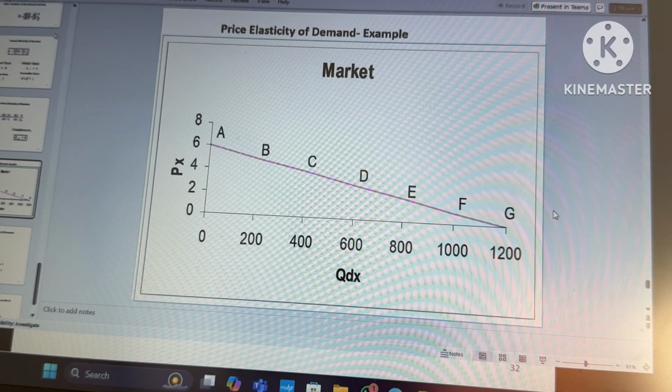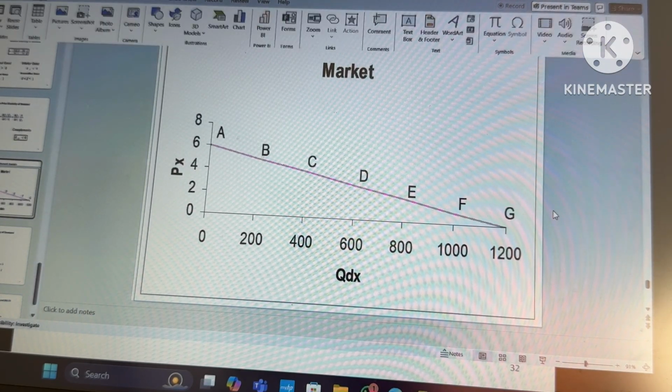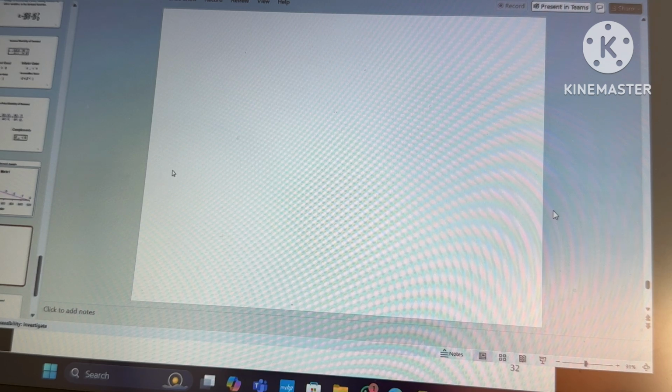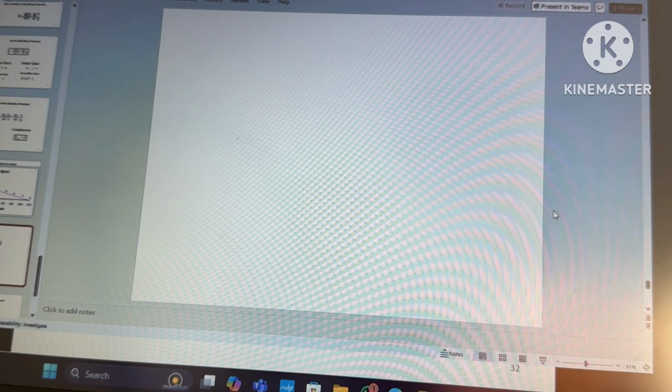Okay. Let me take a blank slide. I'm redrawing the same graph here.